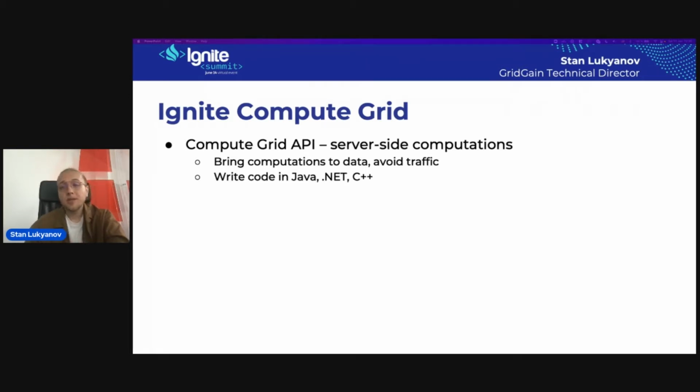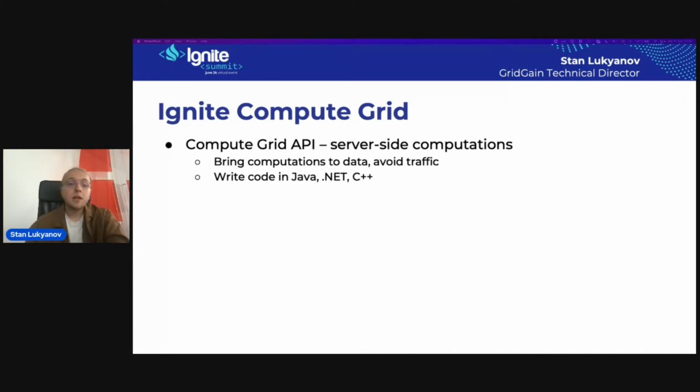With traditional database software, how you do compute is you load the data from the database to the application, you perform computations, then you might need to write some results back to the database.